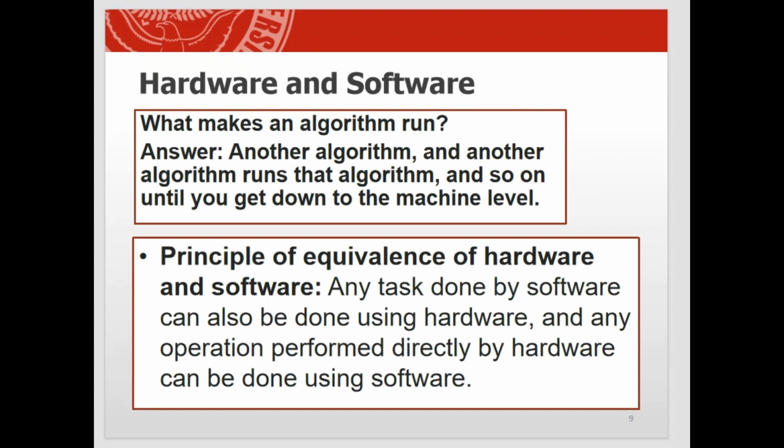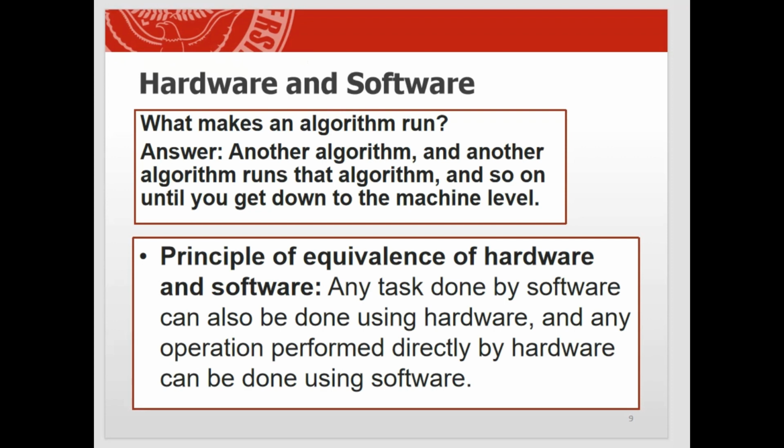So itong principle of equivalence of hardware and software actually tells us that we have a choice. Kumbaga, our knowledge of computer organization and architecture will help us to make the best choice.